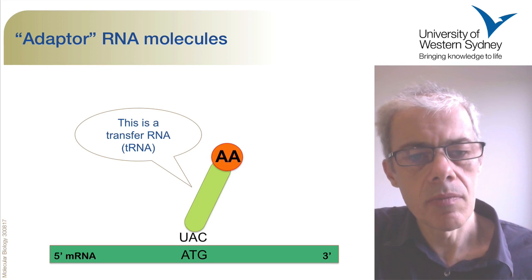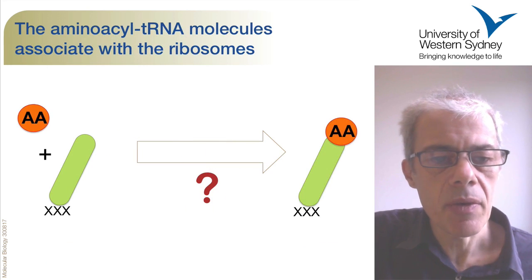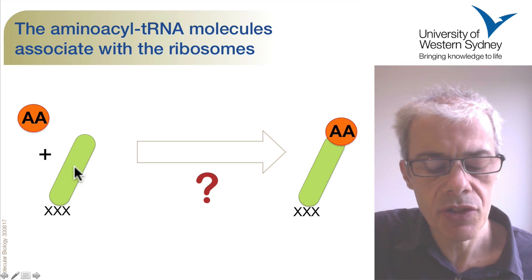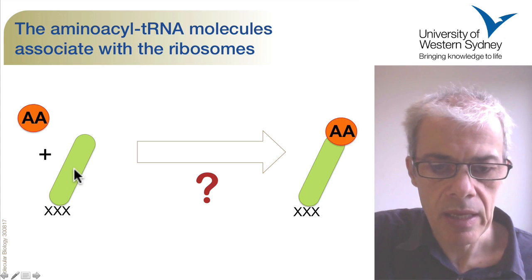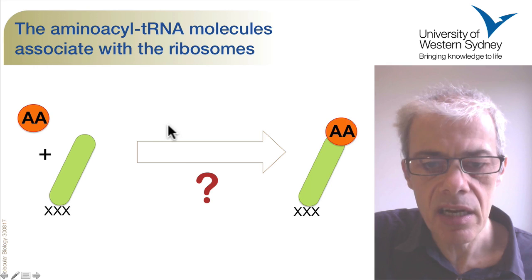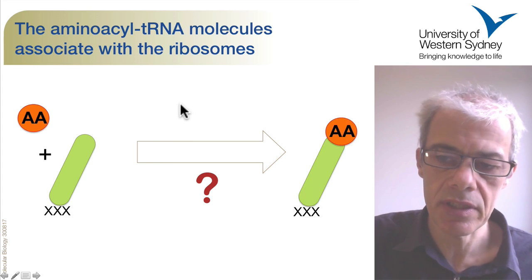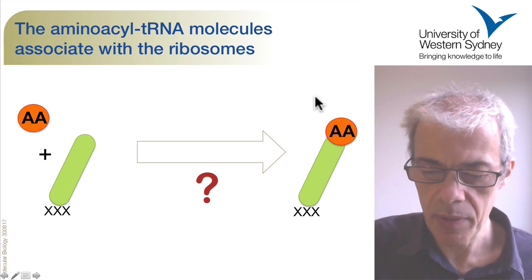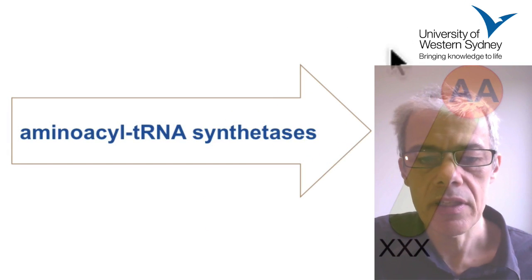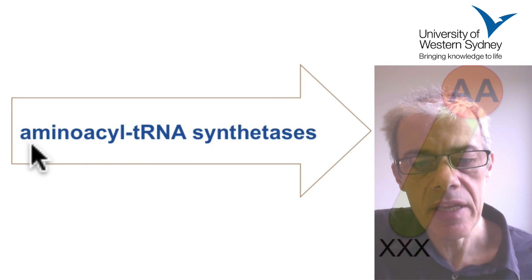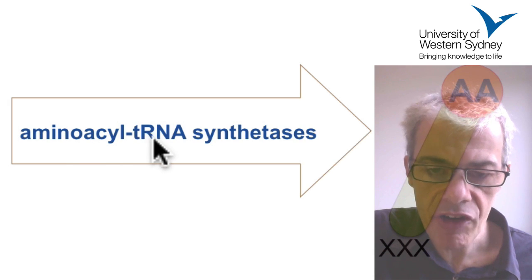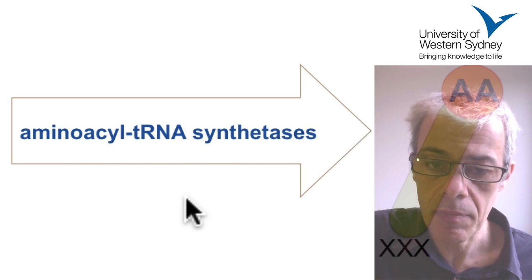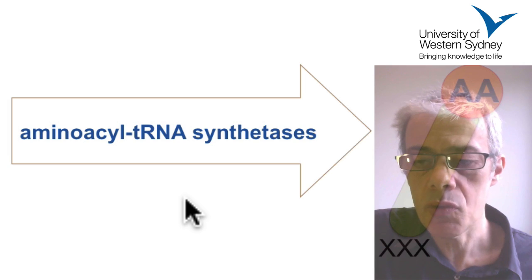At some point, the amino acid has to be attached to the adapter, and there's an enzyme in the cytosol that performs this task to link the transfer RNA to the amino acid. This enzyme is an aminoacyl tRNA synthetase. Now, there's not just one enzyme.